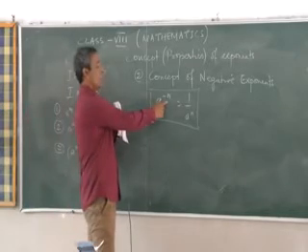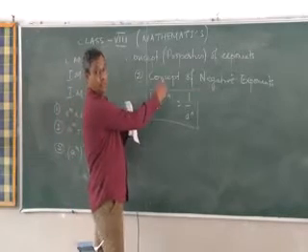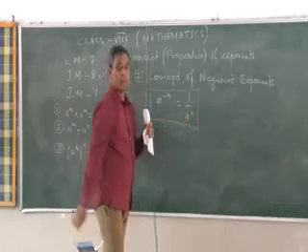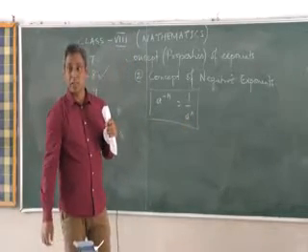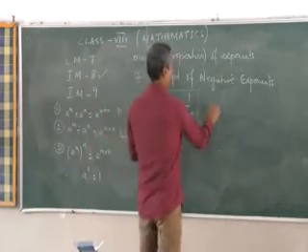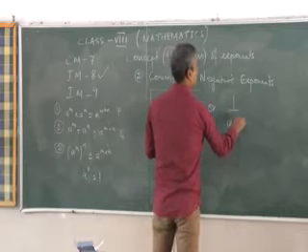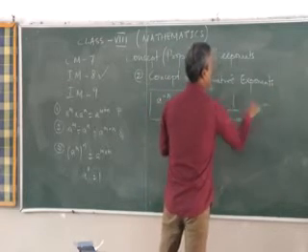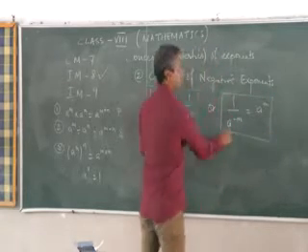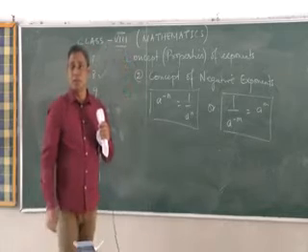So if the power is negative in the numerator, you take the reciprocal in the denominator. Is that clear? Or if it is negative in the denominator, you take it as positive in the numerator.